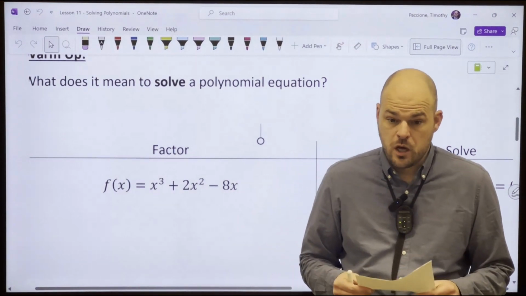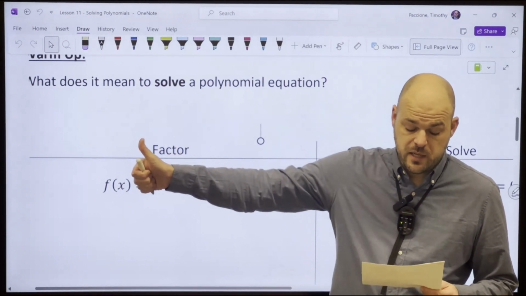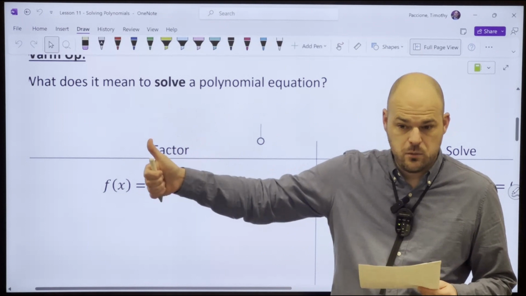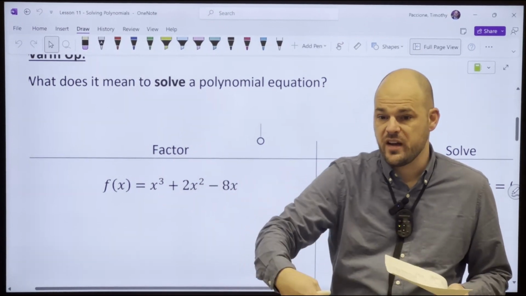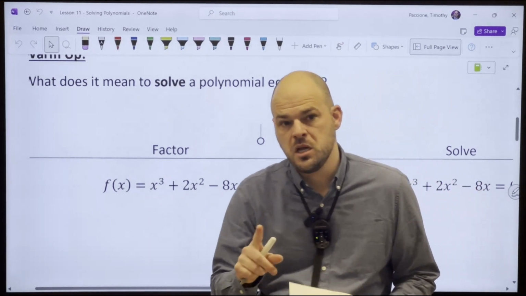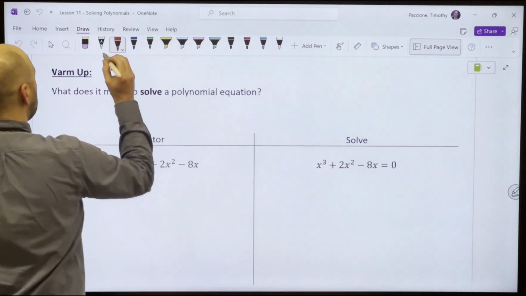Okay, so we're trying to find x values that make the equation true, to make y equal to 0. And it also, by benefit, just gives us our x-intercepts, our roots, and our zeros. Now, let's write that down to start.